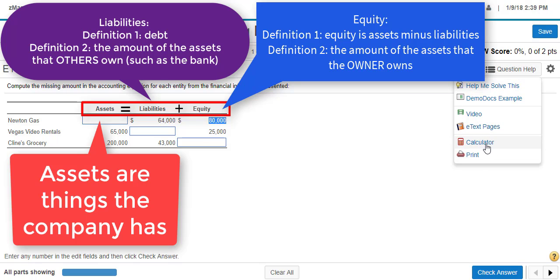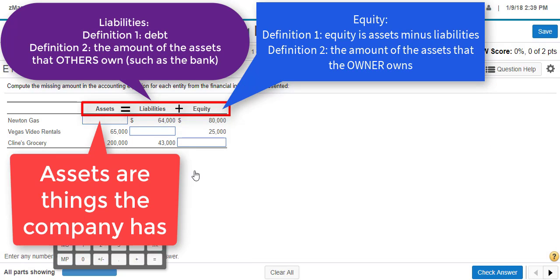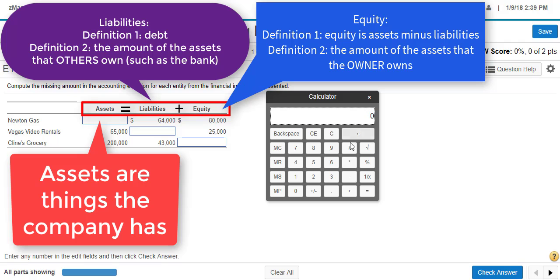You can use a handheld calculator, or you can use this calculator in my accounting lab. So obviously, we would take 64,000 plus the 80,000 equity equals $144,000 of assets. Now the accounting equation will balance once we put the number in here.